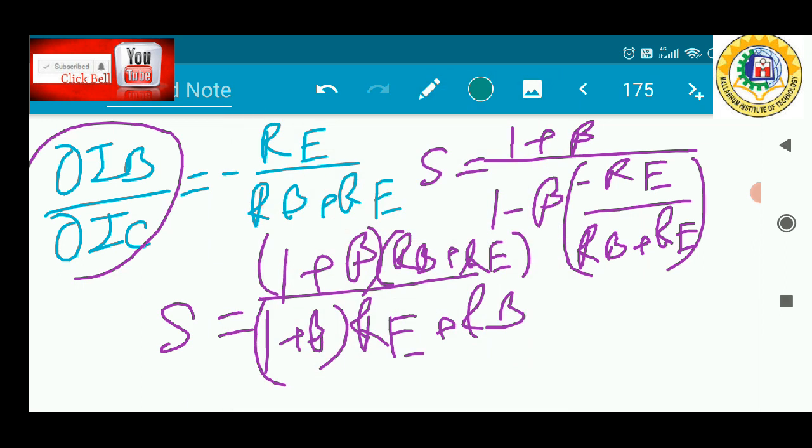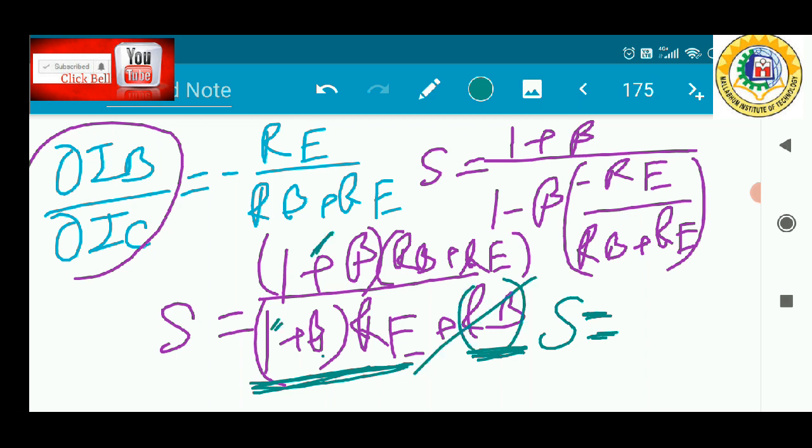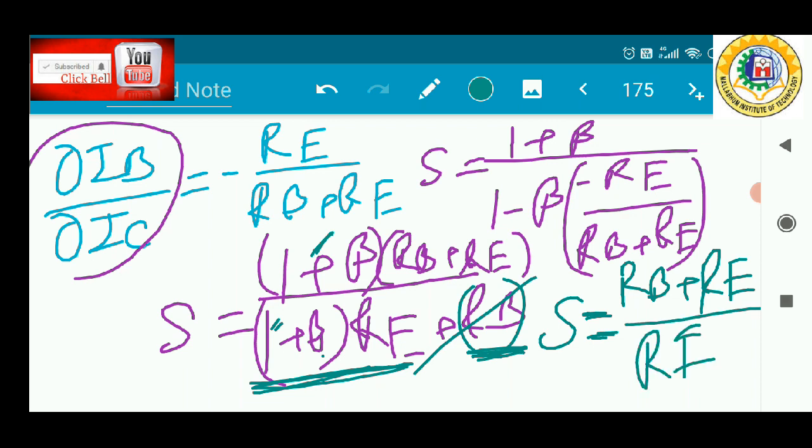Now what happens in this equation: this term is much higher than this term because beta is higher. With this term much higher than the other, these two cancel out. If we ignore this, we are left with RB plus RE divided by RE.